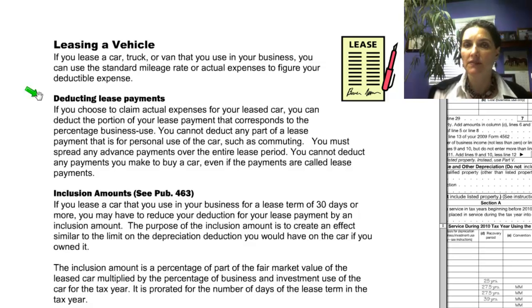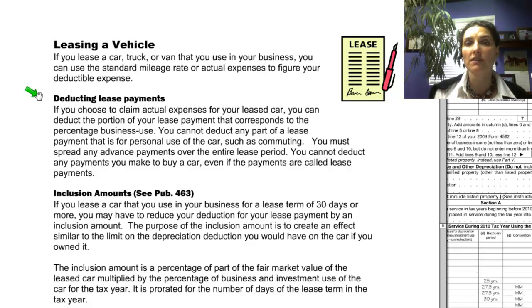If you lease a vehicle, you're going to be able to claim a deduction for the lease payment, and you would then, of course, multiply that lease payment by the business use percentage. And that lease payment, in terms of the cost of the vehicle, factors into itself the amount that vehicle is depreciating over time.